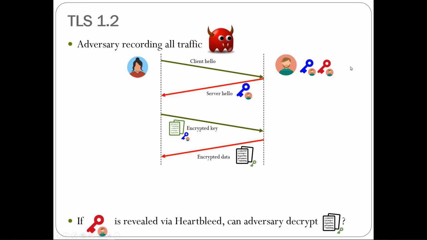Even though Bob and Alice deleted that session key, that green key, you can regenerate that green key because you have the private key from Bob. And now you can use that green key to decrypt this data and get the original plain text.